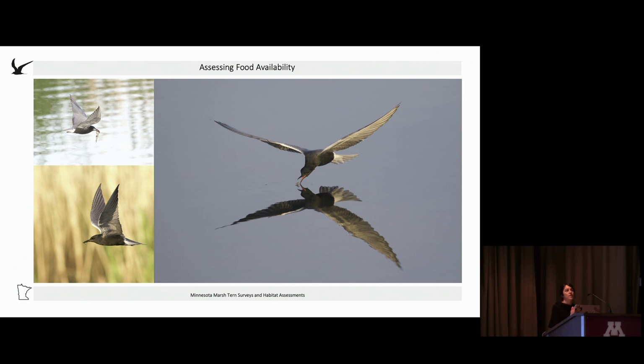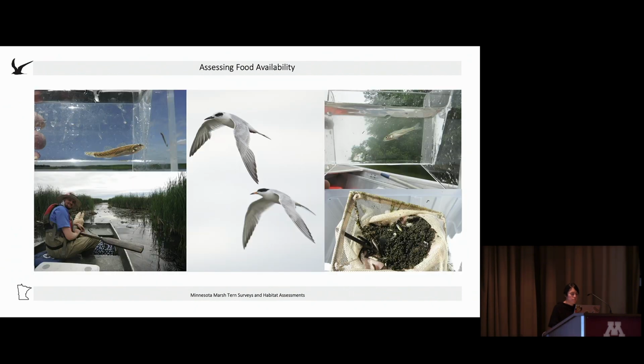But what we did is we made the assumption that the wetland that they were choosing to breed at was some index of the quality or availability of food that they were accessing for themselves and young. So yeah, just some pictures of what that looked like. The effort to collect information was so intensive that we just wanted to do it at a subset of the sites, just to get the methods down and see how easy it was.